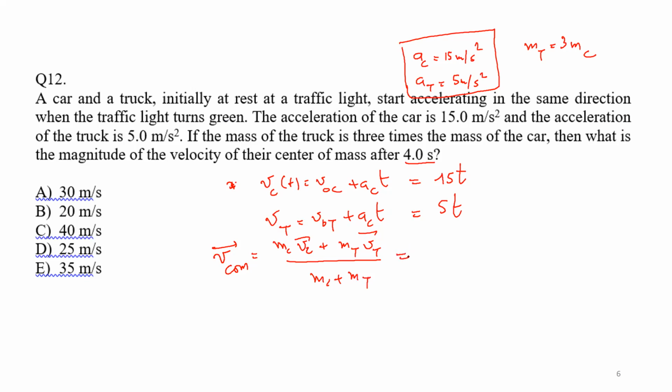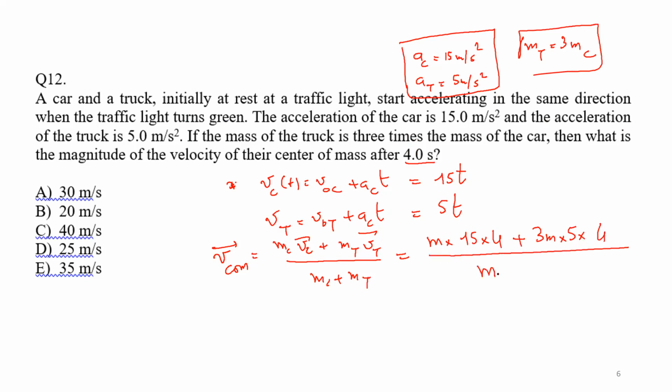So 4 seconds later, I have the mass of the car, let me call it M, multiplied by the velocity of the car, which is 15t, which is 15 multiplied by 4, because I'm looking 4 seconds later, plus the mass of the truck, which is 3 times the mass of the car, I already said it here, multiplied by 5t, and t is 4, divided by the total mass, which is 3 times the mass of the car plus the mass of the car.